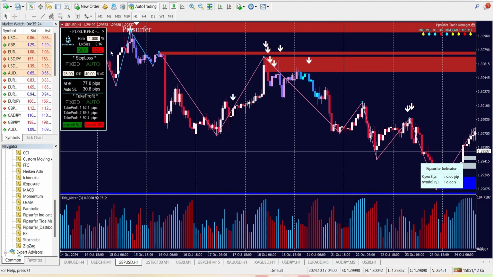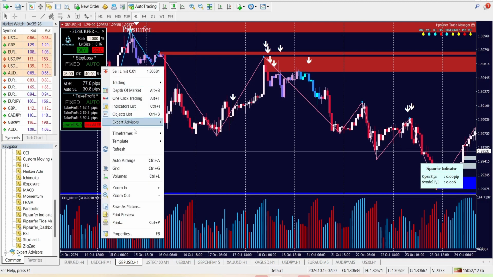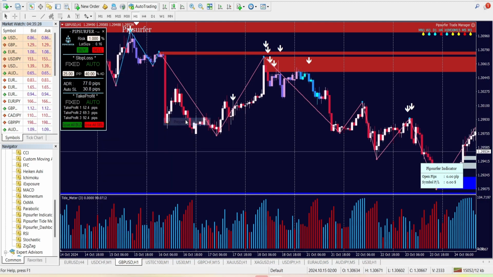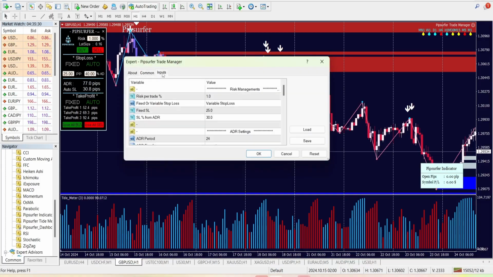How it does that is if we go into the settings of the EA, you can determine what you want to do from a risk perspective, a risk per trade. It gives you the lot size for that particular pair based off of your balance in the account. Then you have the fixed stop loss.